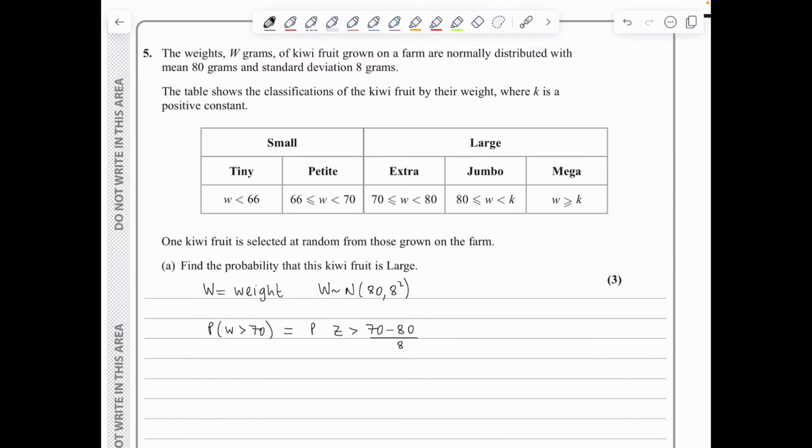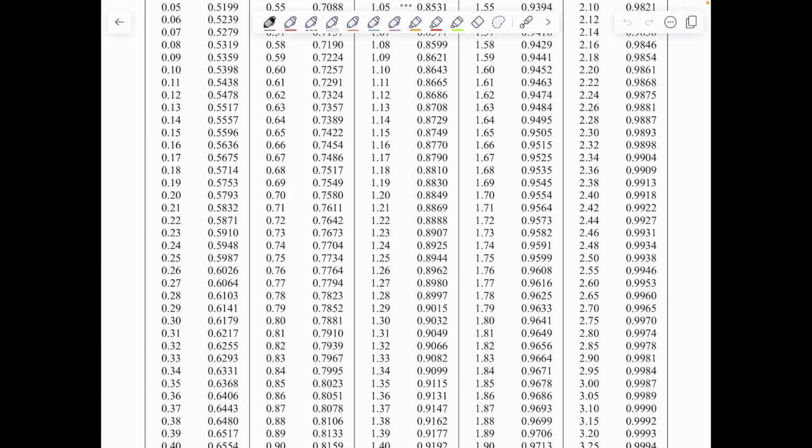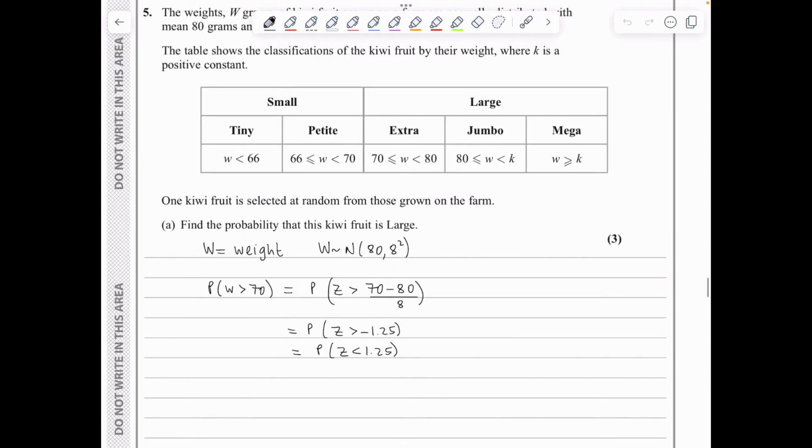This gives me the probability of Z being greater than minus 1.25, which is the same as the probability of Z being less than 1.25. So I'm going to the formula booklet, to the table of values for 1.25. I read off the value of 0.8944. And therefore the probability I was trying to find is simply 0.8944.